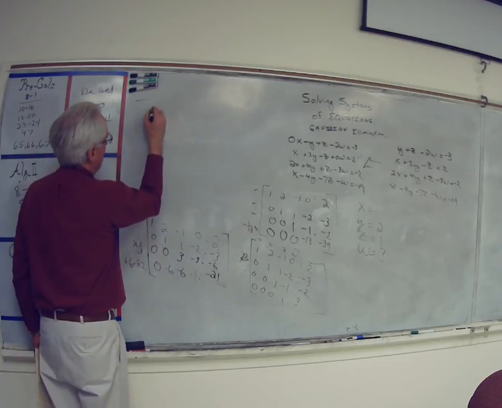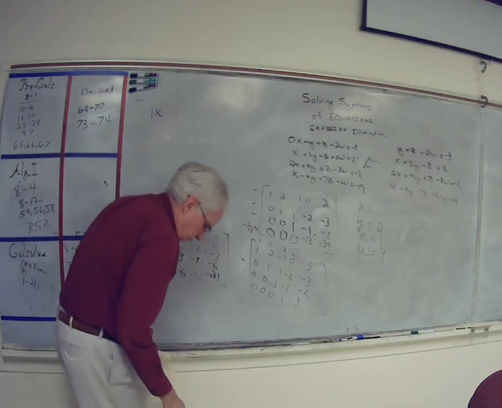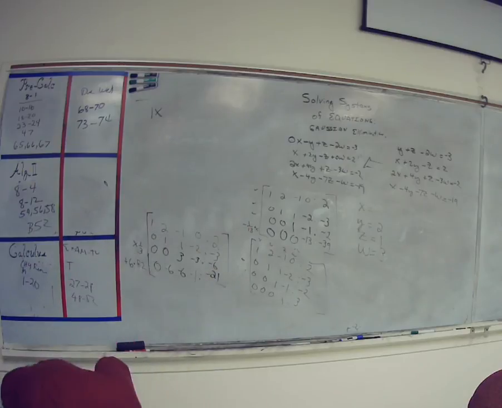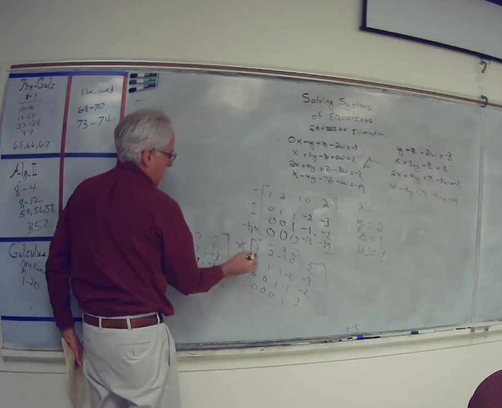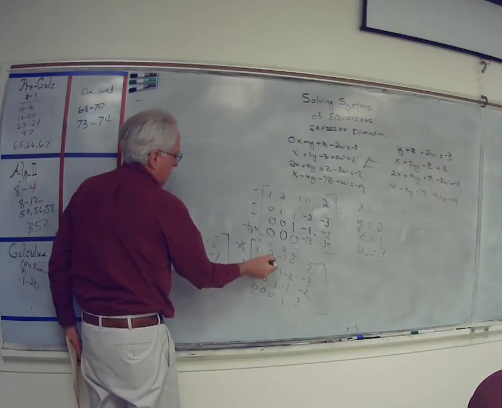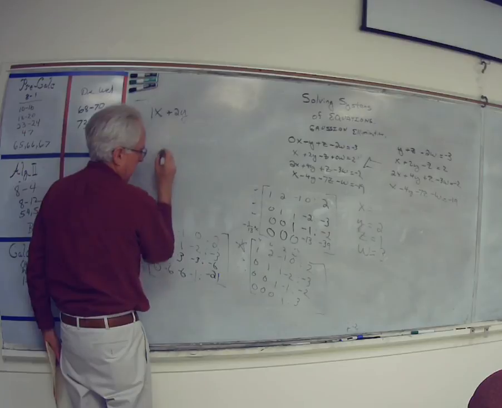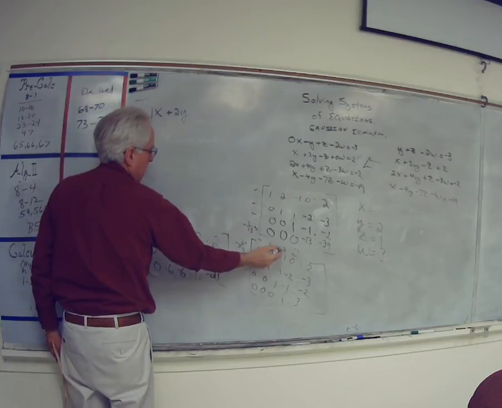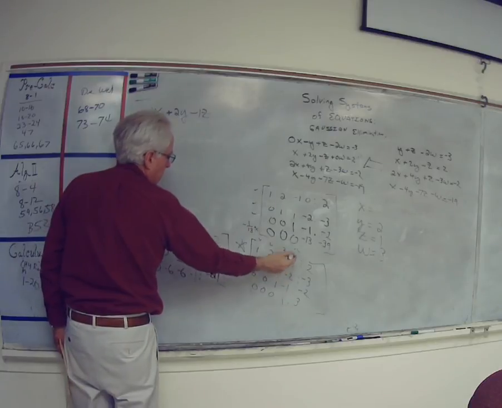So you have 1X, because we're working now with this one. Plus 2Y. Let me just make sure they understand. Okay, so 1 times X plus 2 times Y is what you told me, right? Yes, plus 2 times Y minus 1Z plus 0W.